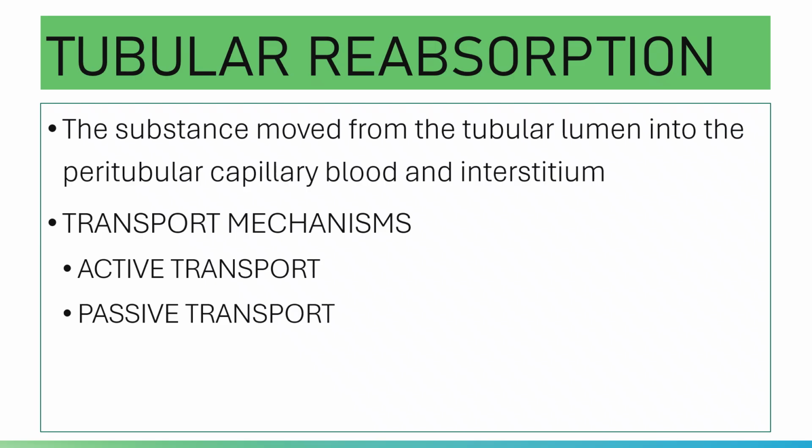The main driving force here is energy in the form of ATP. A very good example of active transport that takes place in tubular reabsorption is the sodium potassium pump.